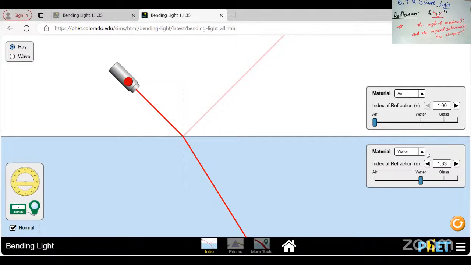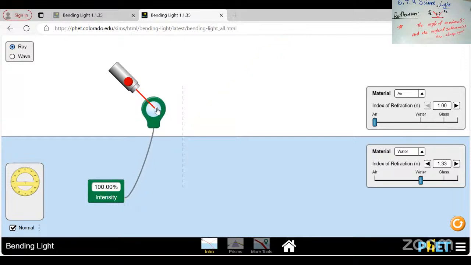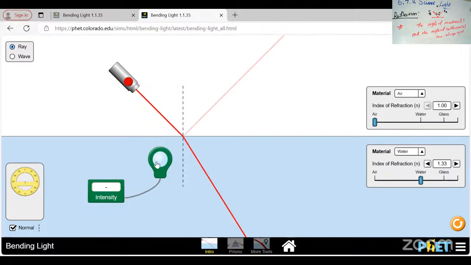Now I'm going to measure the intensity of the light. With the help of this machine, I am going to measure the incident ray intensity. Intensity means nothing but power. The intensity of the incident ray is 100%. The reflected ray in air is just 5.29%.